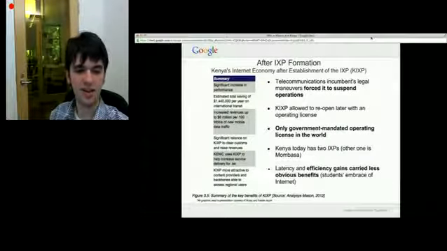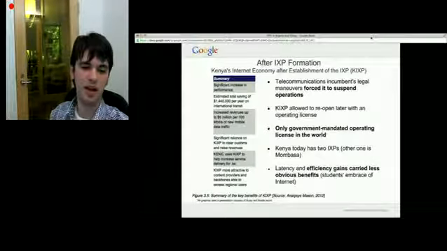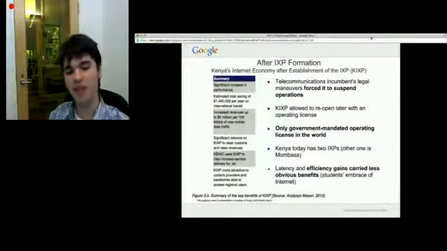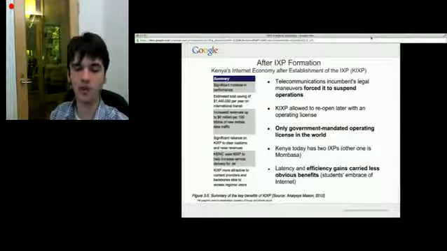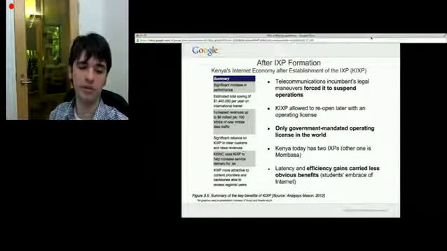In addition to that, as the IXP generated benefits for the internet at large, it was able to attract greater infrastructural investment in general.